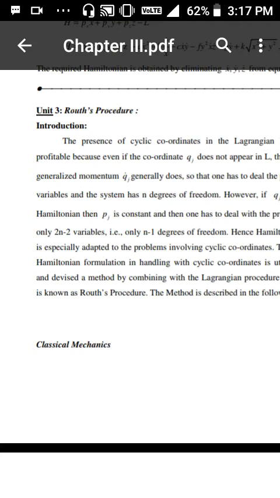Namaskar. Today I will discuss the Routh procedure for Hamiltonian formulations.